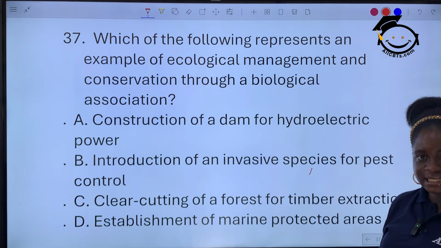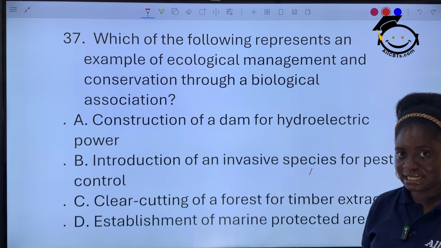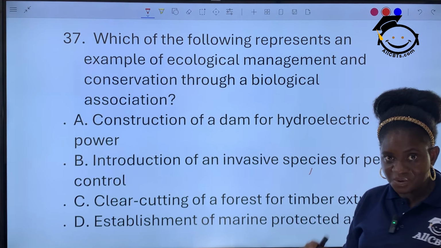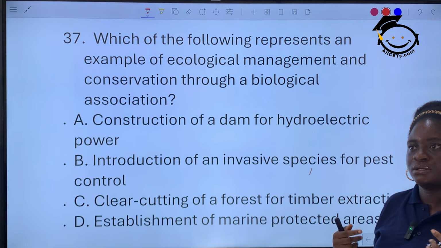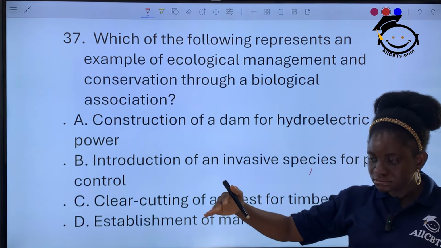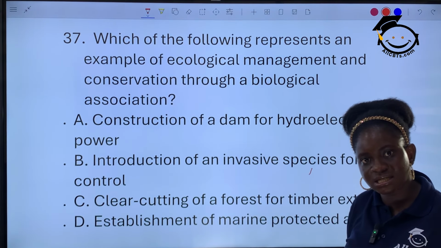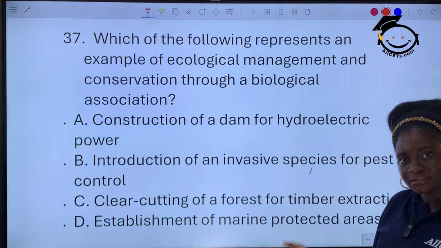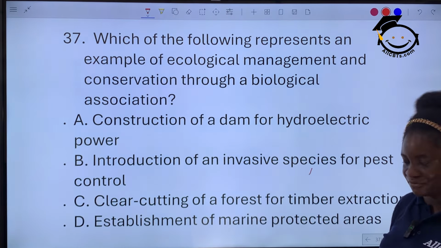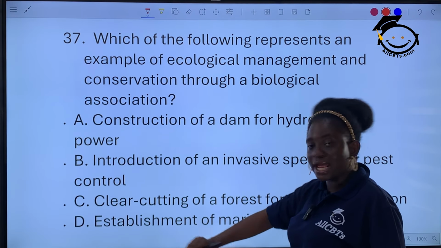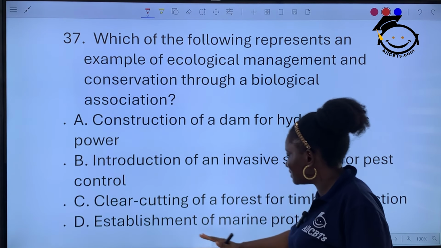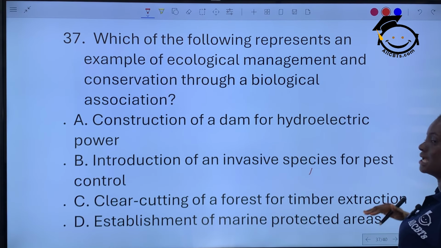For what I've explained earlier, by simplifying the question, I made mention of putting some things in place to protect the animals, just protect the environment. So the correct answer here, you can relate it to establishment of marine protected areas.